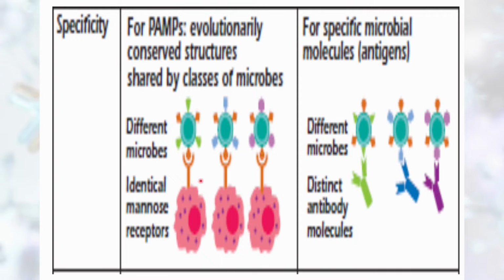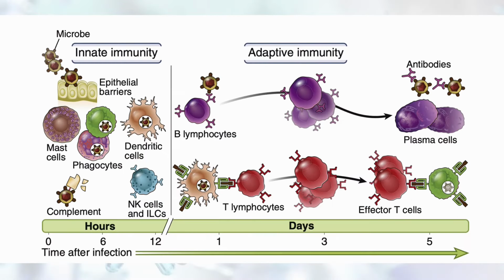These are what's recognized by the innate immune system. But the adaptive immune system recognizes specific epitopes. It can differentiate E. coli from Klebsiella, from C. diff, etc., through these colors. So you have a distinct antibody for the green one, and a distinct antibody for the blue one and for the violet one. And because it's specific, it needs time.